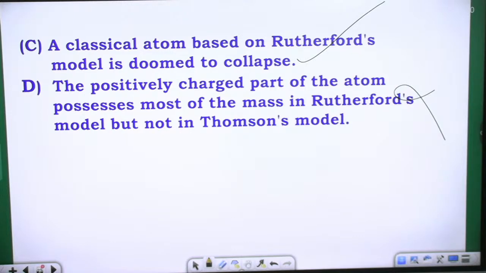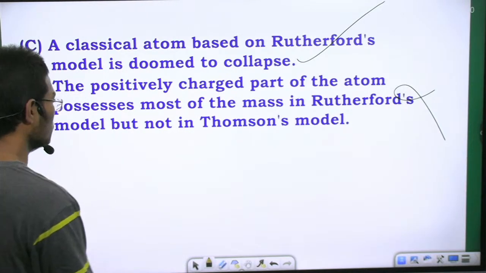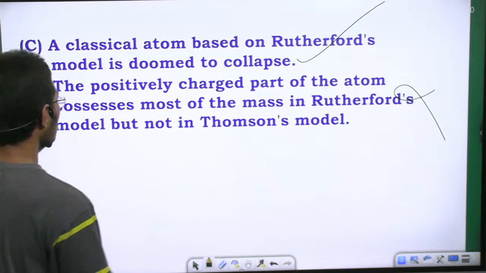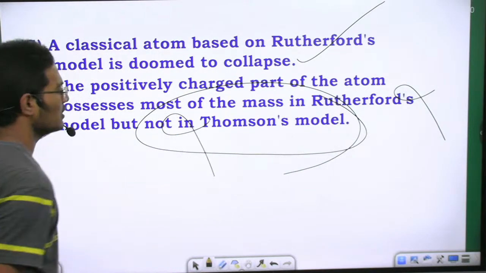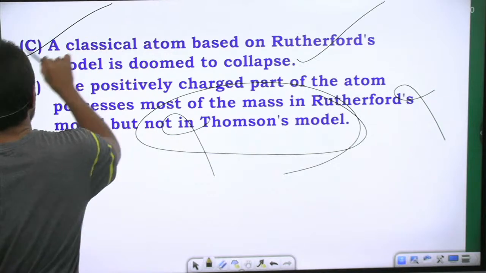Even in Thomson's model as well, it is said that the mass is also due to protons. Even in Thomson's model, the mass is due to protons only. So option C is correct.